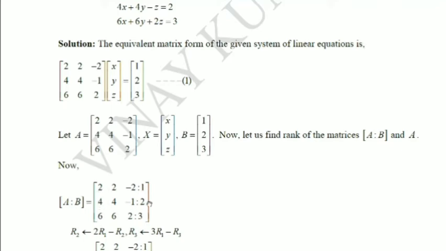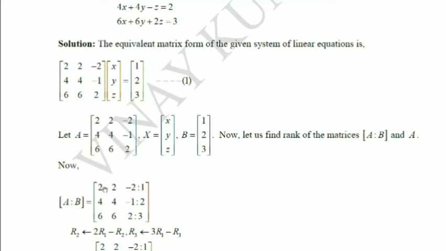This is row 2, which has 4. I have to use row 1 only to make this 0. So I'll multiply row 1 by 2, so that 2 into 2 becomes 4, and subtract this. Row 2 is changing by 2R1 minus R2.